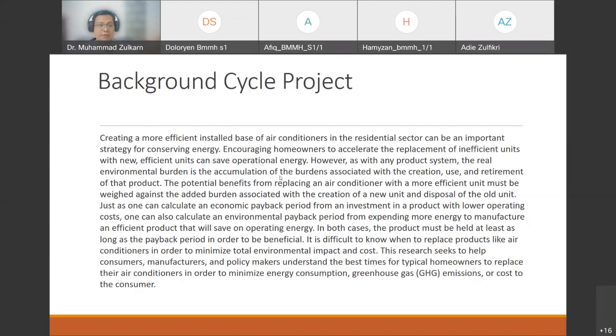If you burn, it can be unsafe for the environment, and then the product will be retired. So the potential benefit from replacing an air conditioner with a more efficient unit must be weighed against the added burden associated with the creation of the new unit and disposal of the old unit.